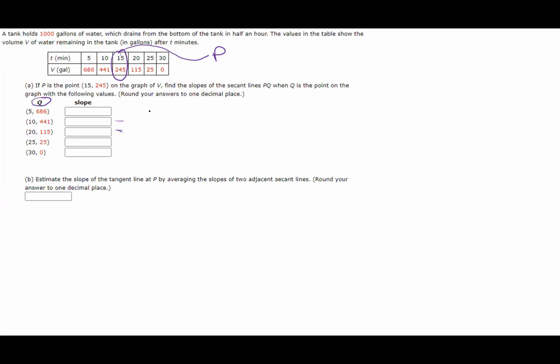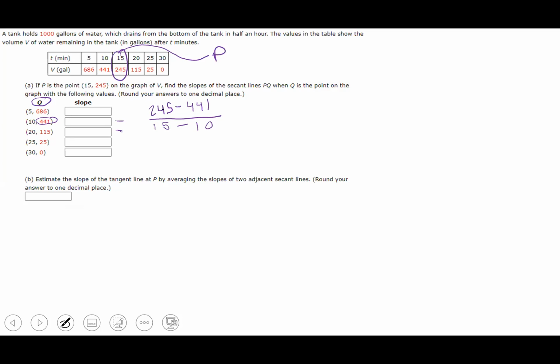So let's start with P, 245 minus, and then we're gonna do this guy, 441 over the time value of 15 minus 10. So notice I had my P points on the left and the Q points on the right to make it consistent.